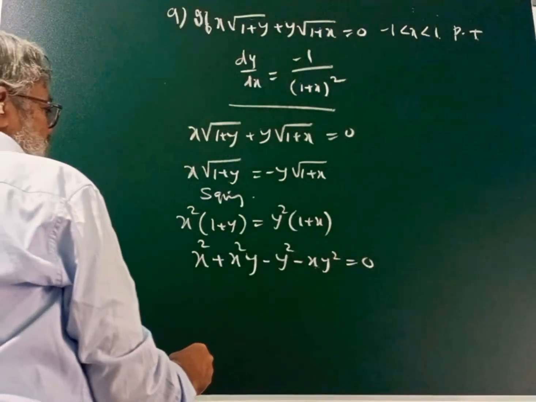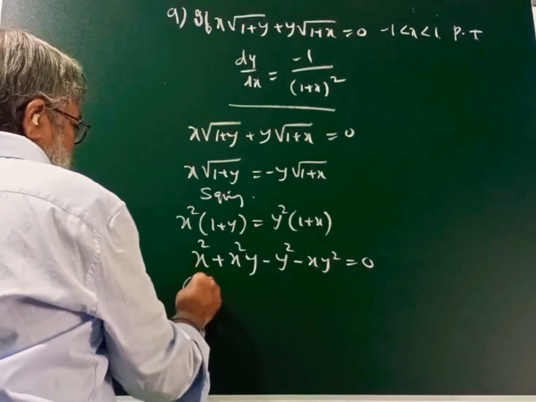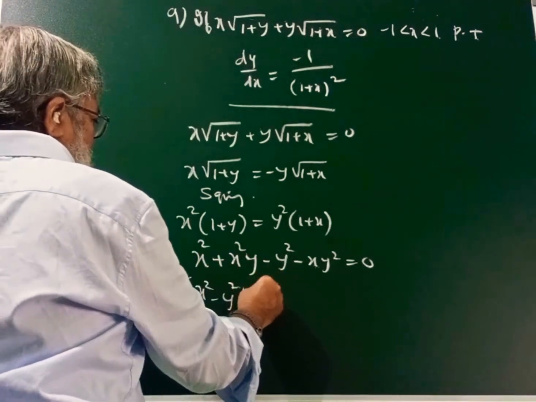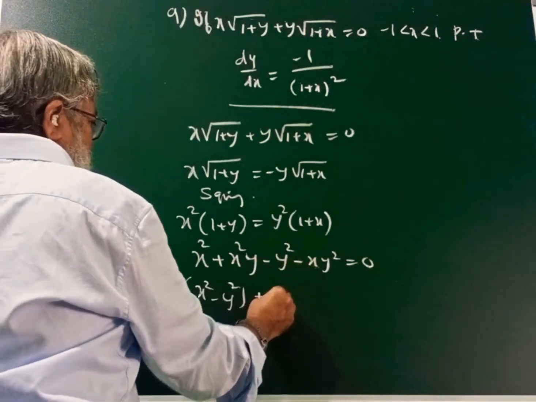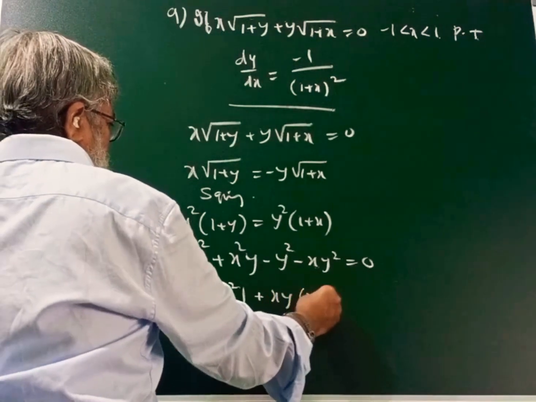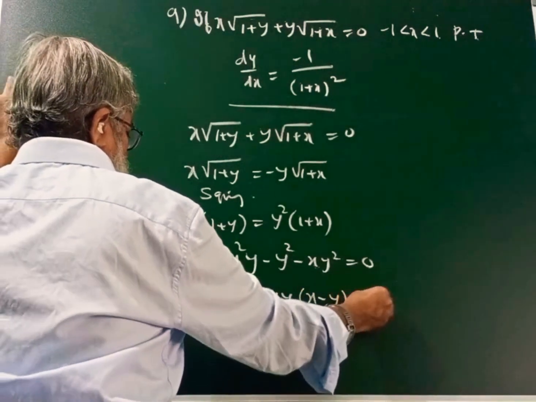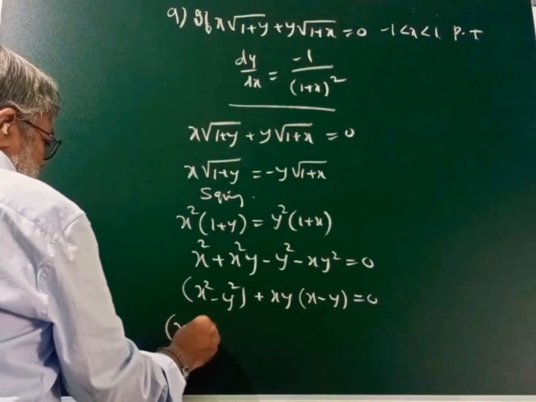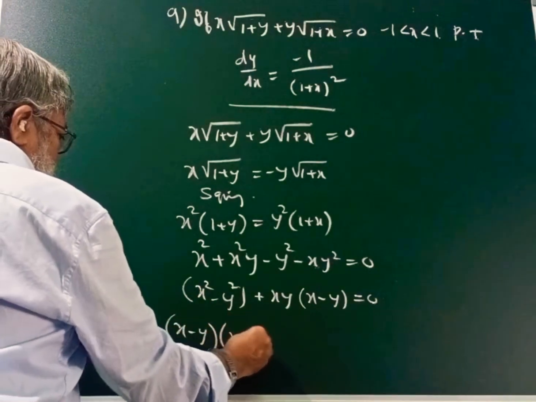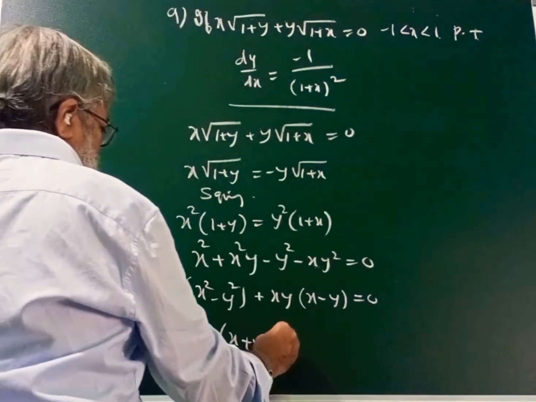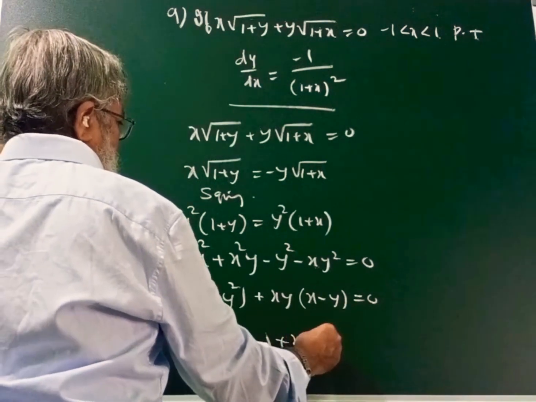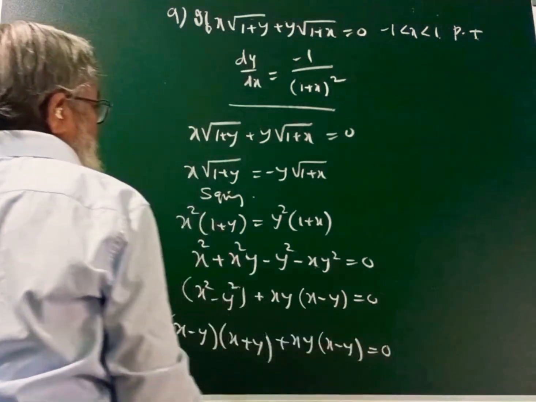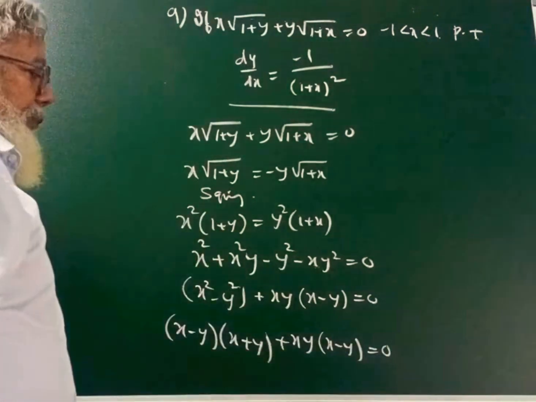Now let us consider these two terms, x square minus y square. From the other two terms we can take xy common: x minus y is equal to 0. We can make factors here: x minus y into x plus y, and here xy into x minus y is equal to 0.